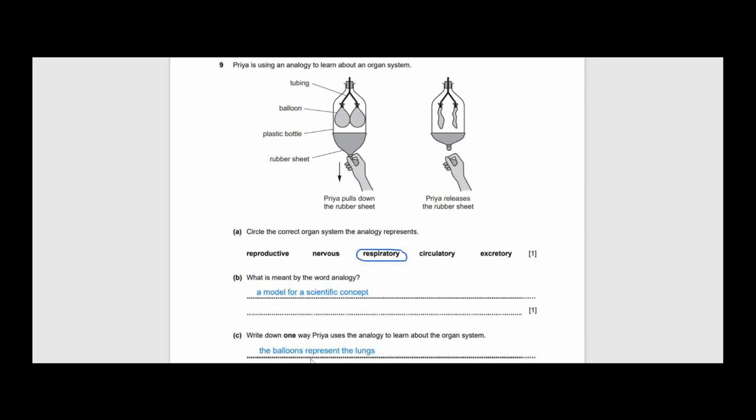So the balloon represents the lungs. You may also answer rubber sheet. Rubber sheet represents the diaphragm. This one is the diaphragm. And the tubing represents the trachea. Alright, let's move on.